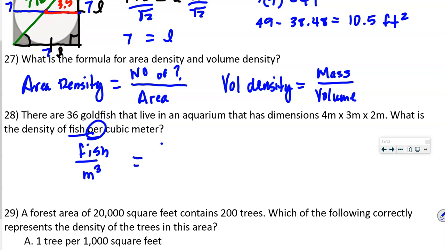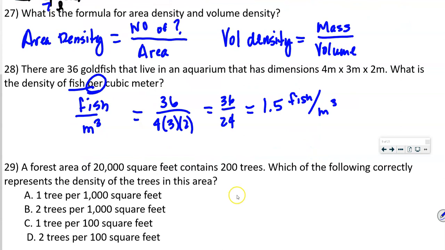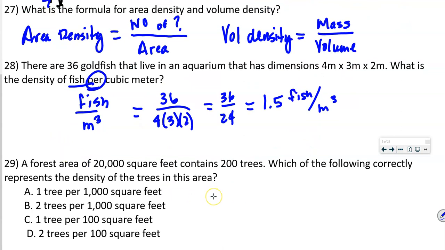So what we're going to do is take our fish, our 36, and divide that by our 4 times our 3 times our 2. Okay, and that's 24, right? So that's 36 divided by 24. So that means we got 1.5 fish per what? Meter cubed.